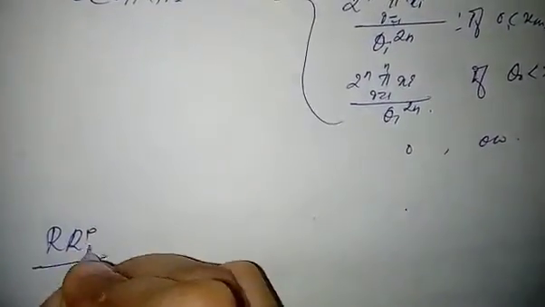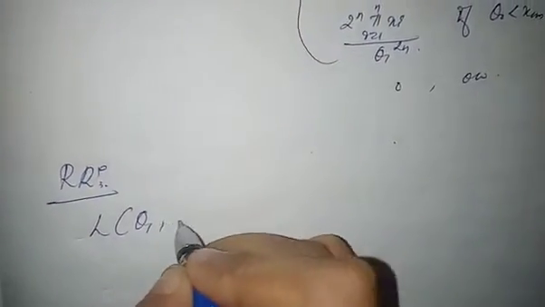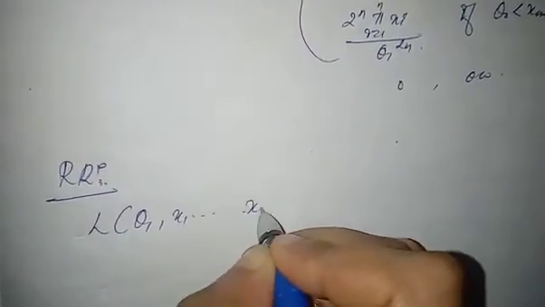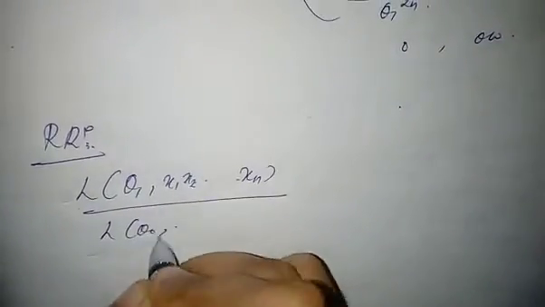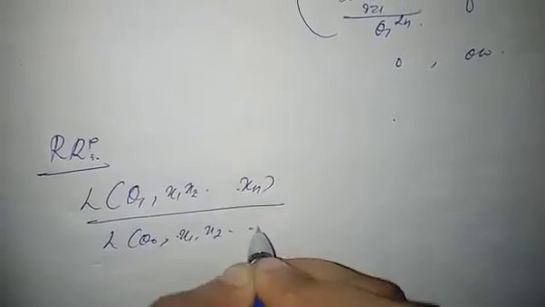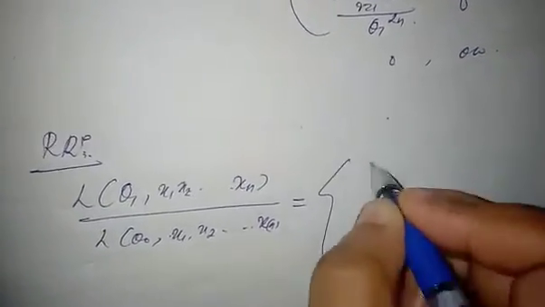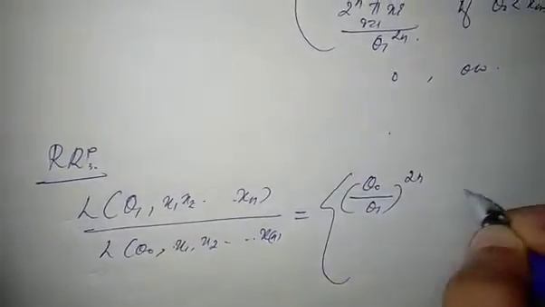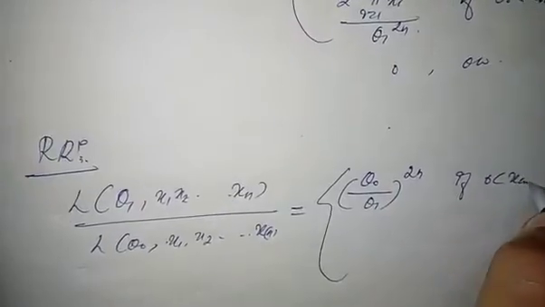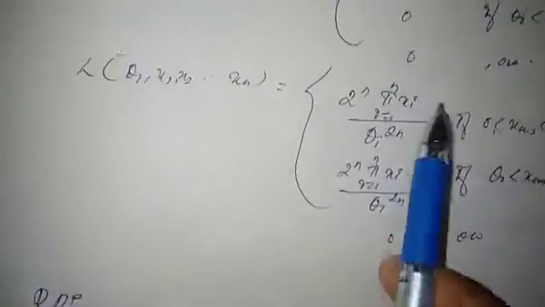Okay, then we know that we reject h naught for a large ratio, so we have to take the ratio: the likelihood of theta 1 at x1 through xn divided by the likelihood of theta naught at x1 through xn. It equals theta naught divided by theta 1 power 2n if 0 < xn < theta naught, right?